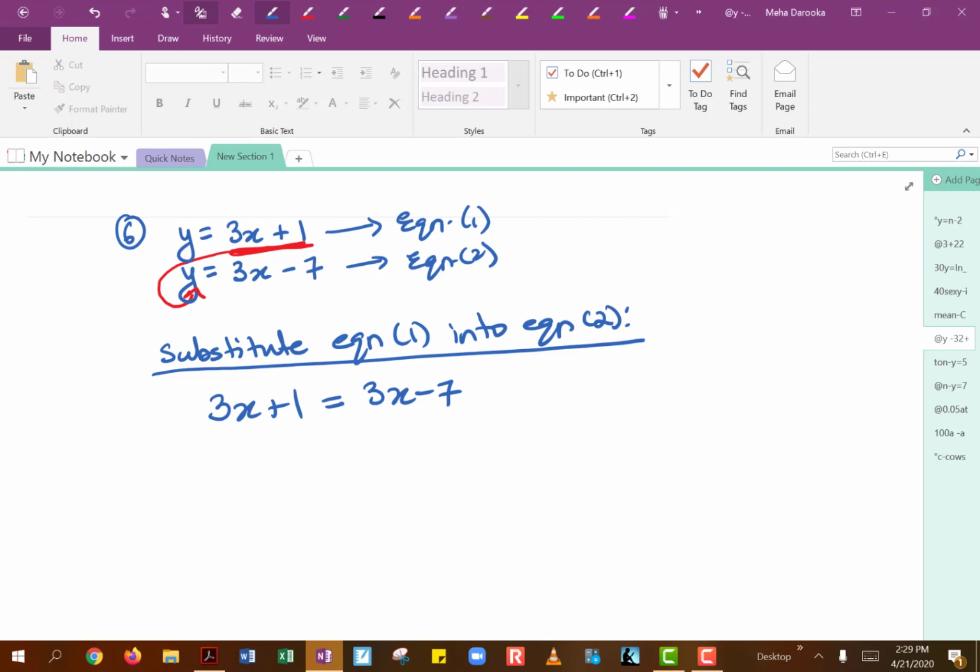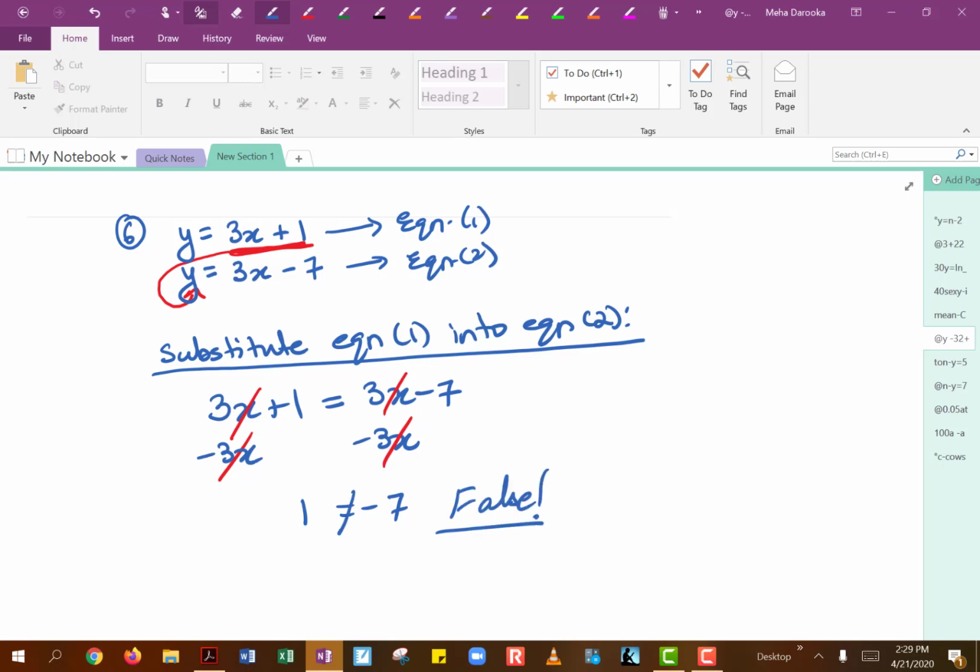So let's go ahead and get our x terms on the same side. So let's go ahead and subtract 3x over here. So this will cancel out, and actually it will also cancel out on the right hand side and leave us behind with 1 equals negative 7. Now, of course, we know 1 does not equal negative 7, so this is a false statement.